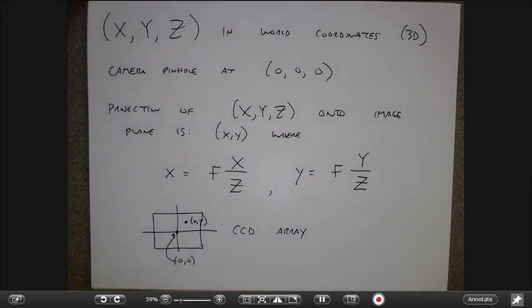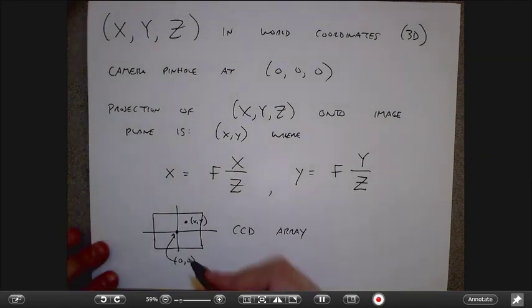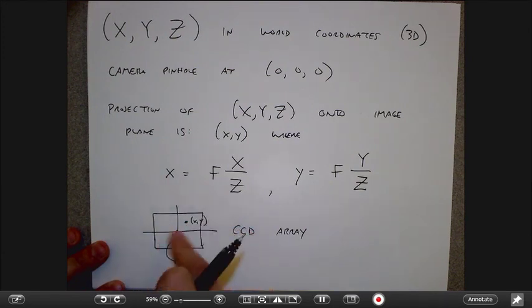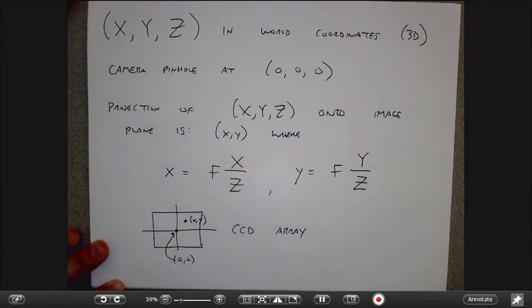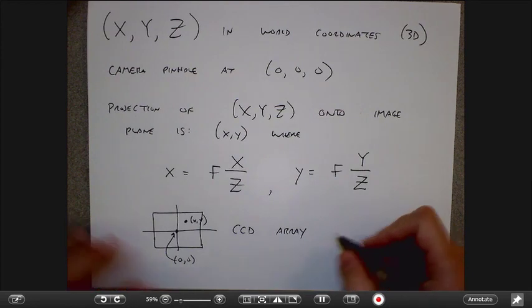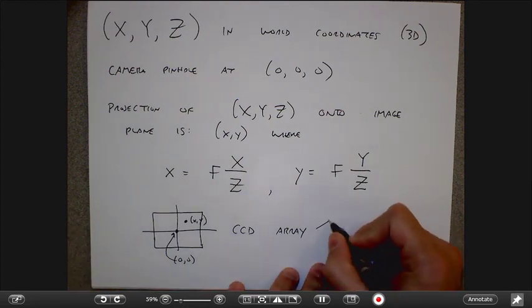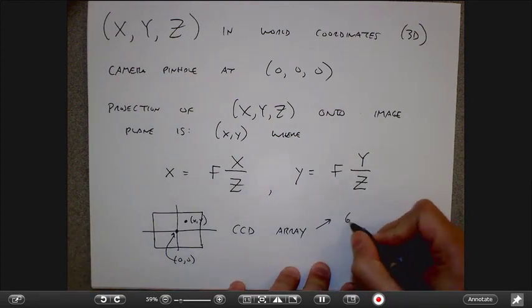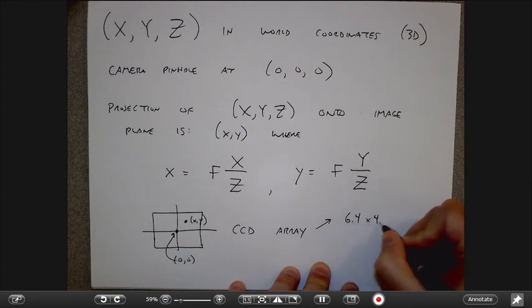So in order to convert that to the pixel grid that I have in MATLAB or in Photoshop, I need to do one more conversion that basically tells me how the pixels fit onto the CCD array, right? And so typically a CCD array you may find is pretty small.